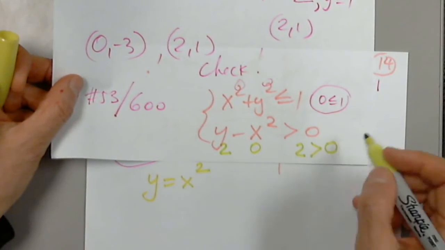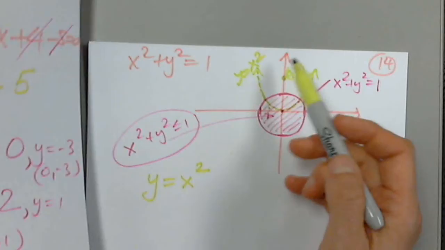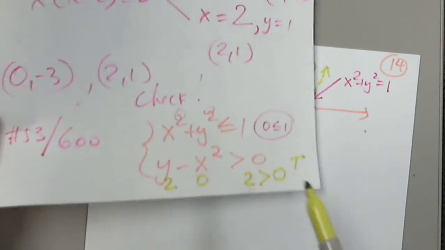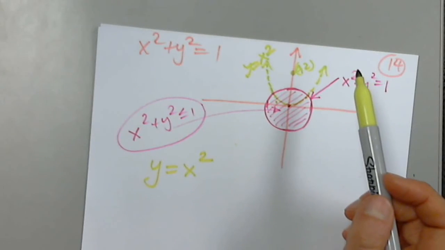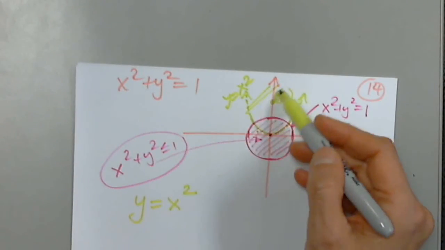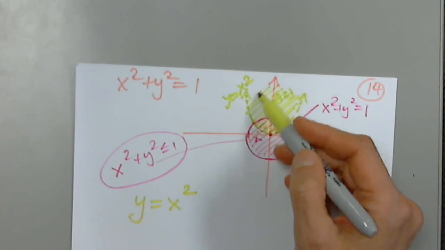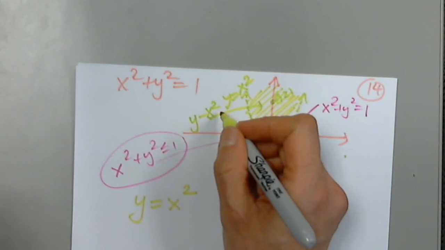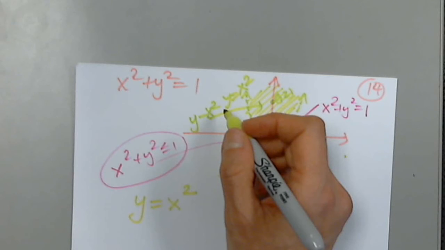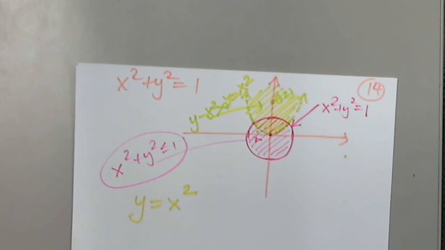Is 2 greater than 0? If you say true, then I will shade in the inside. If you say false, then I will shade in the outside. True? Very good. So then this is y minus x squared. It was greater than 0, yes.